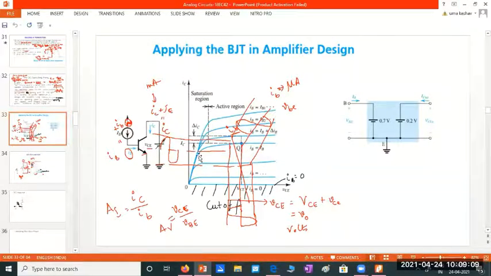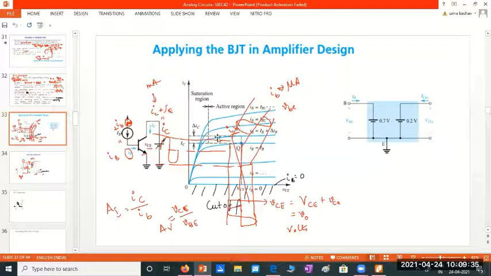So I showed you yesterday how a transistor can be designed as an amplifier. For a simple reason, we just took the common emitter transistor, and along with the DC current, we connected an AC current, and we saw how that AC current results in AC output voltage and AC output current.